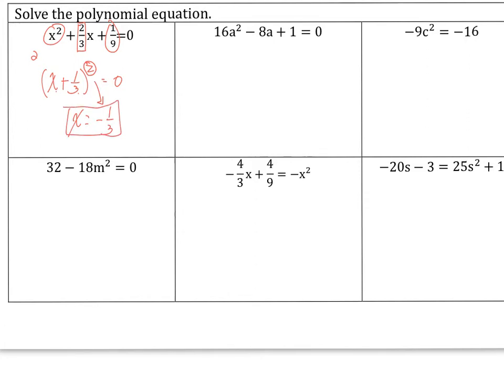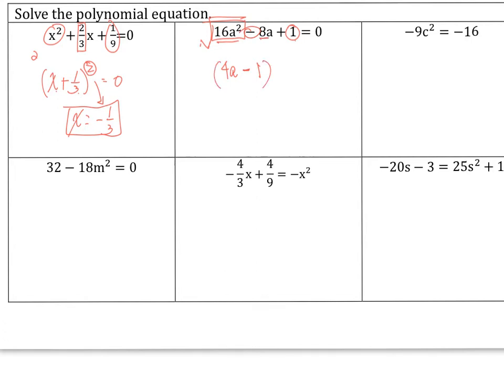And for the next one, I see that I also can use the perfect square trinomial. So I can square root 16a squared. So that's 4a. Square root of 1 is still 1. And I will use the subtraction sign or negative sign because there's a subtraction sign next to the second term here.